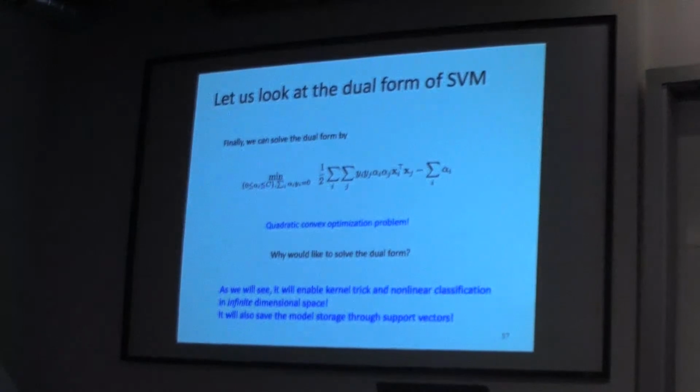Someone asked why we do a series of mathematical games to arrive at this and then call another library to estimate the alpha i values, which are the Lagrange multipliers. Why should we do this? As we will see, it will enable the kernel trick and nonlinear classification in an infinite dimensional space.